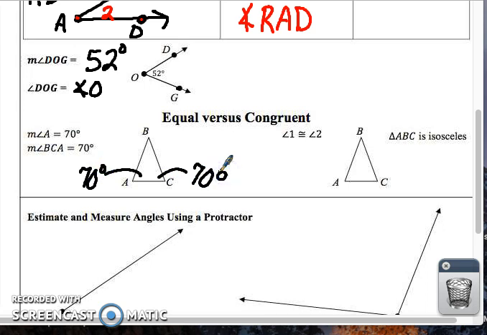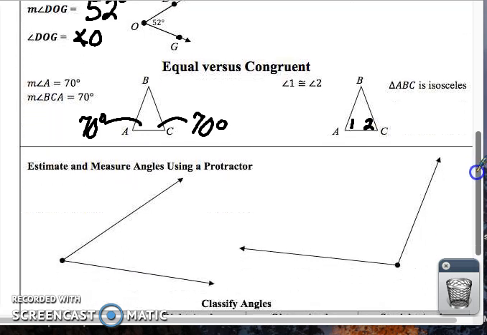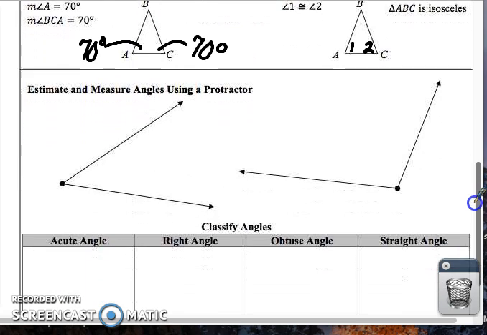Now what we can say then is that these two angles, and I'm going to renumber, are congruent to each other. They're equal in measure, okay? Angle A and angle C, or angle 1 and angle 2, they are congruent to each other. They're not equal. Now their numbers are equal. Their measure is equal.